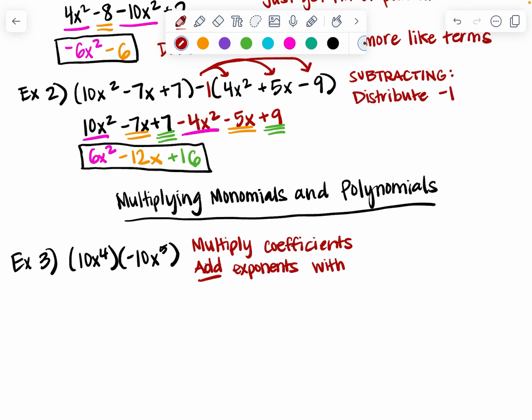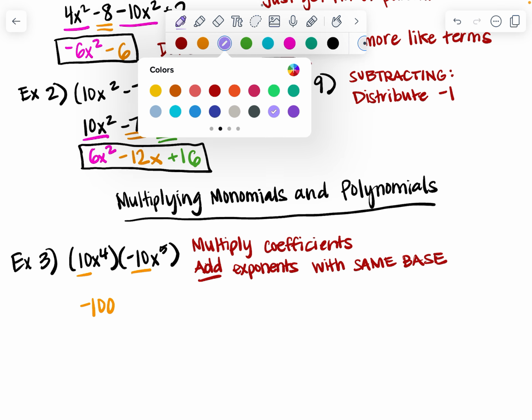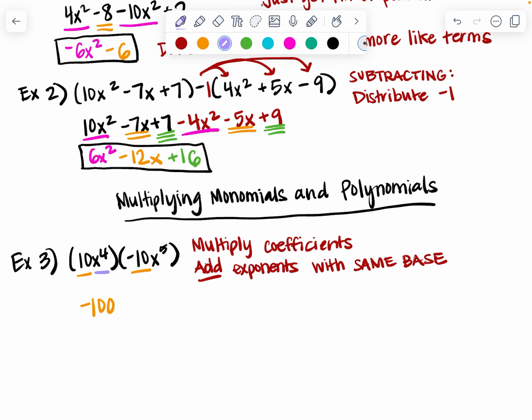So it has to be the same letter. So 10 times negative 10 is negative 100. And then we're going to multiply x to the power of 4 times x to the power of 5. And when we add the exponents, it becomes x to the power of 9.